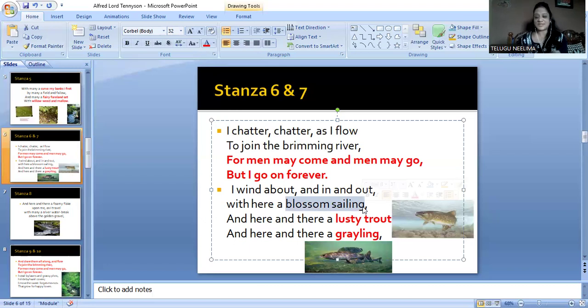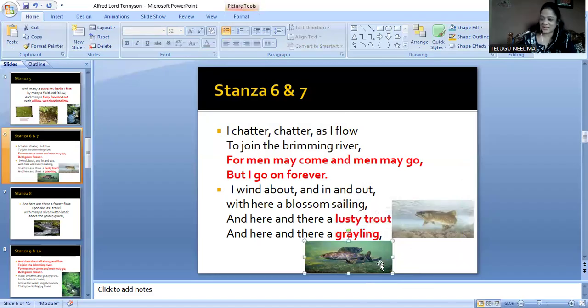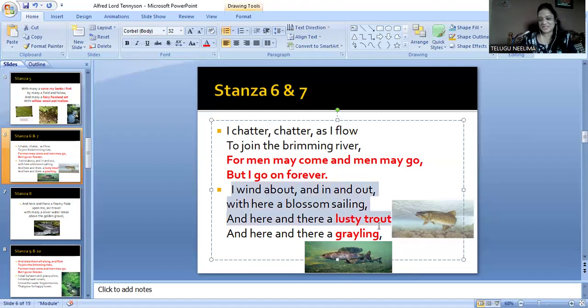And while we are talking about this particular concept, it is going in and out with here a blossom sailing, and here and there a lusty trout, and here and there a grayling. What a wonderful writing style. Now lusty trout and grayling are nothing but the fish that you can see in the pictures. Now this is a grayling and this is a lusty trout. Here in stanza 7, it is trying to tell what extra things it is doing while traveling to join the brimming river.